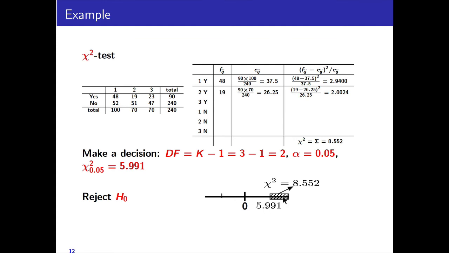We draw this number line, and you have your critical value to be 5.991, and the test statistic 8.552 is more than your critical value, on the right, so we reject H0. And this is the end of part 1 of the review.